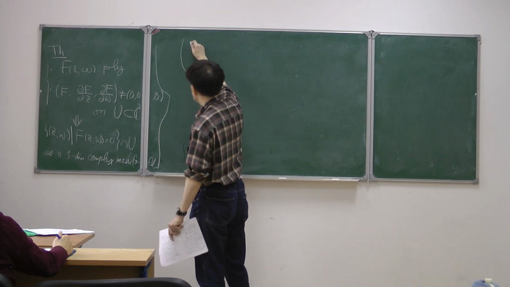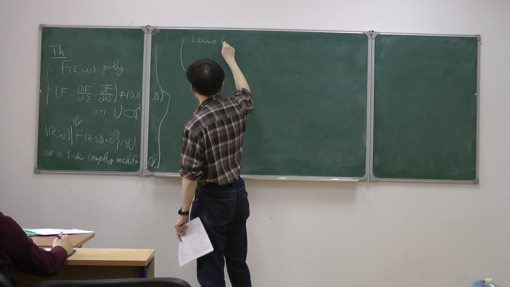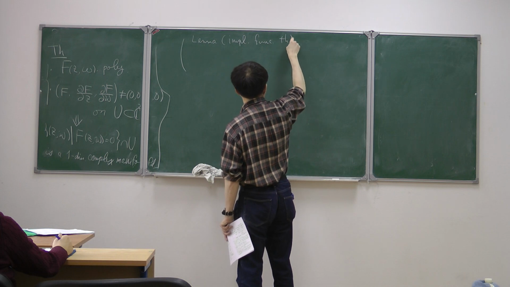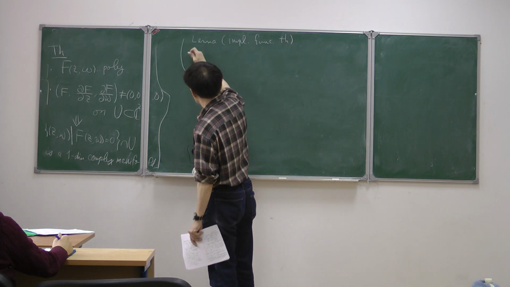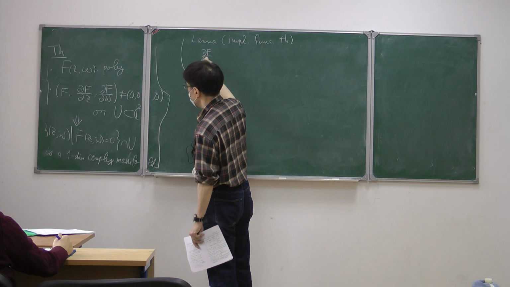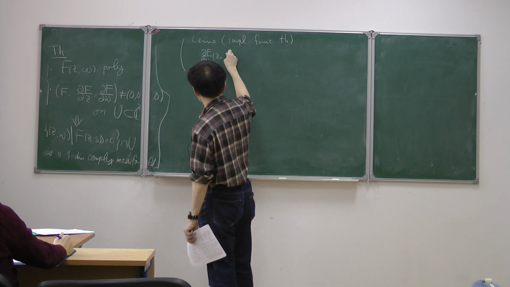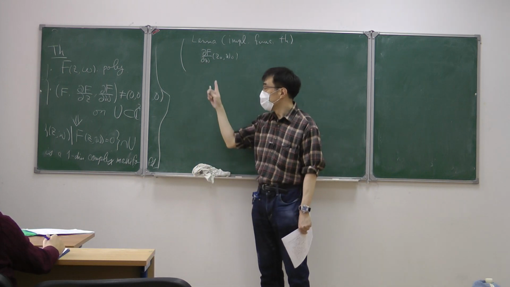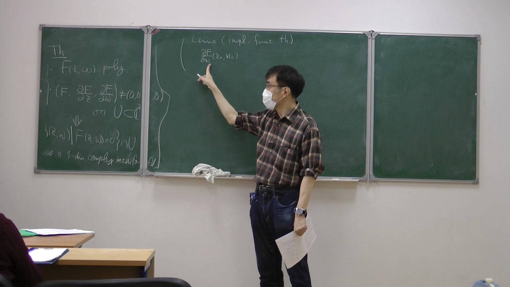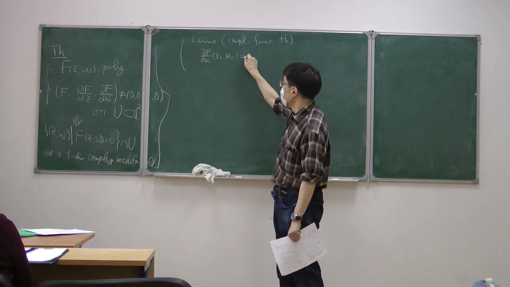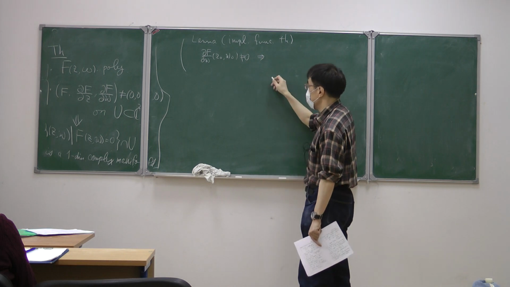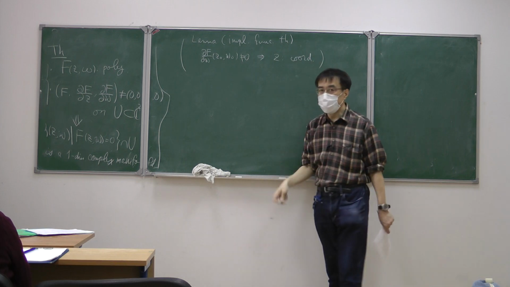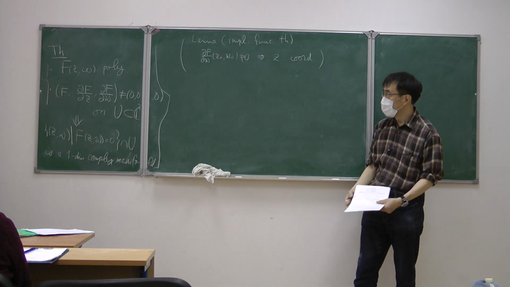According to that lemma, if, for example, the derivative by w doesn't vanish, then we can use z, the other variable, as a coordinate.